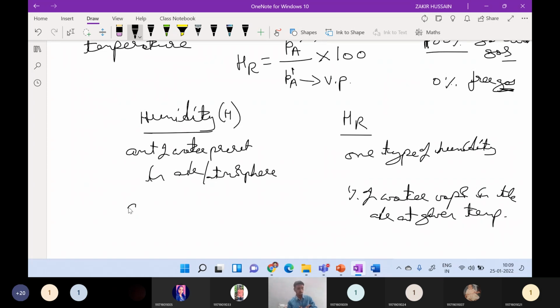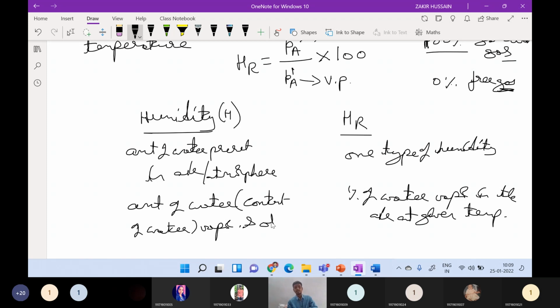So the normal amount of water vapor and other elements found in the air is called humidity.